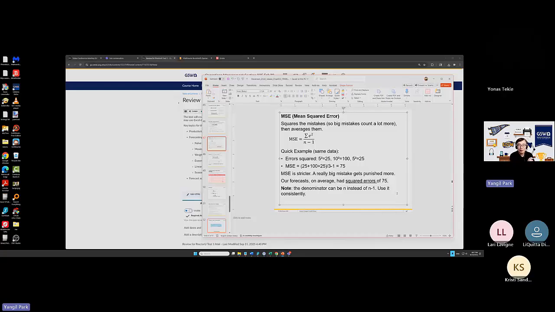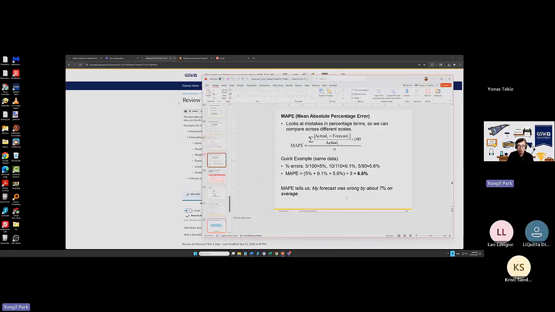On average, the forecast has a squared error of 75, because the unit we're dealing with was different since we squared the error. That's how you interpret it, so that you can compare with other mean square errors if you have them. So that's the mean square, as long as you square the error.